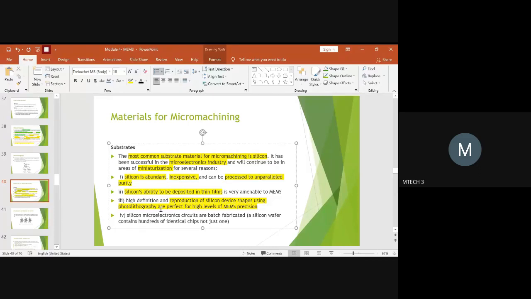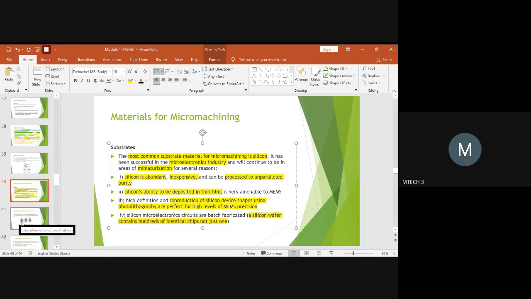This is the next point why we go for silicon as a substrate. And lastly, a silicon wafer usually consists of hundreds of identical chips. It is not a single chip. The silicon substrate or wafer we use is a combination of hundreds of identical chips. These are the plus points of why we use silicon as a substrate material.